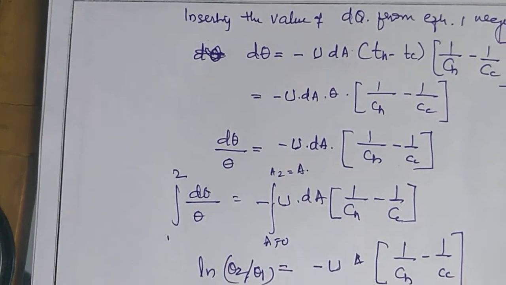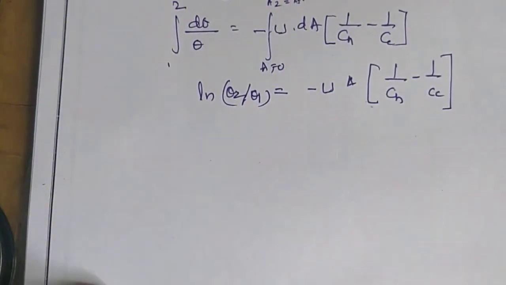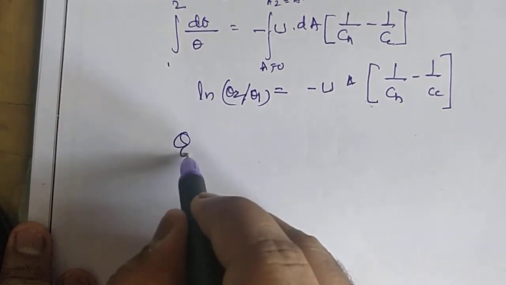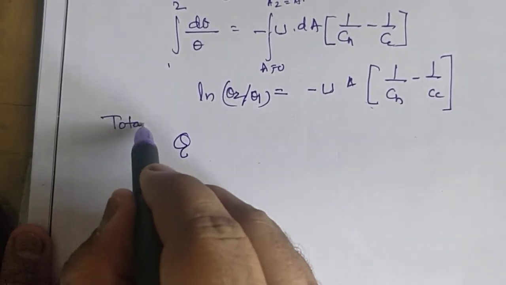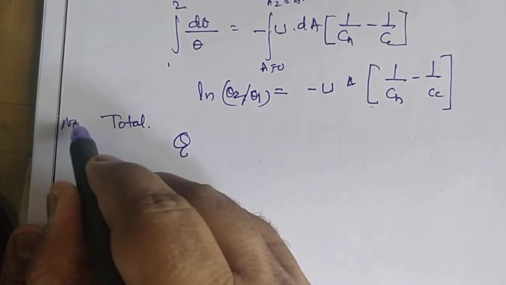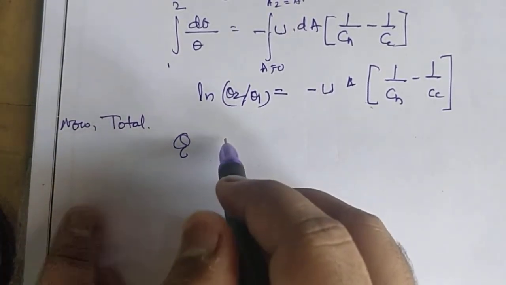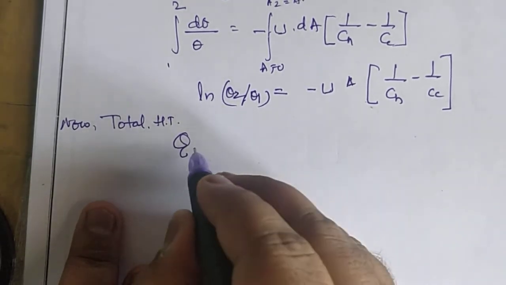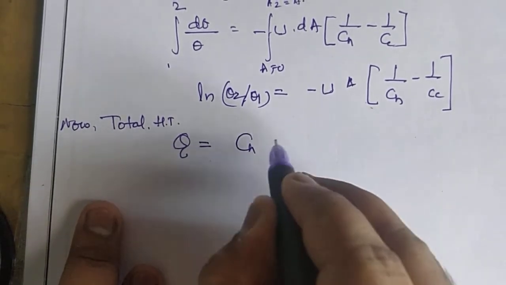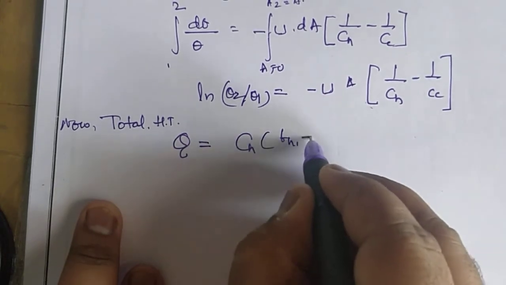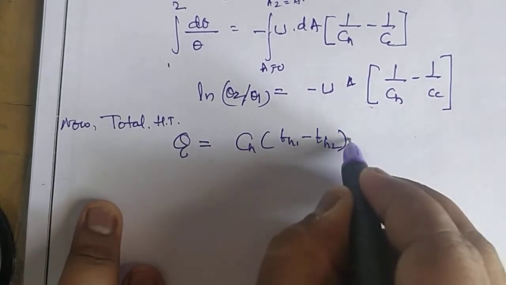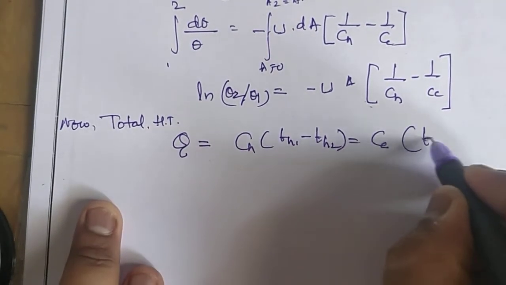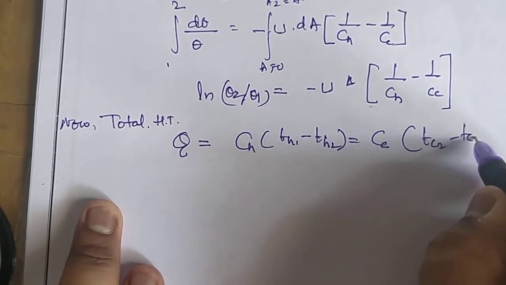Now the total heat transfer between the fluids is given by Q, which is equal to CH (TH1 minus TH2), which is equal to CC (TC2 minus TC1).